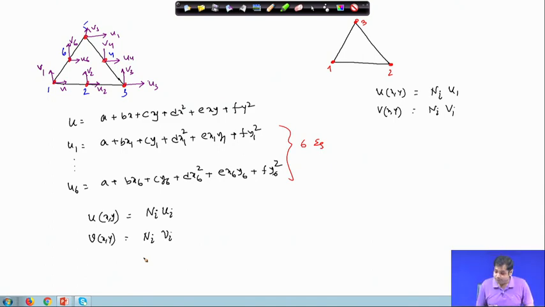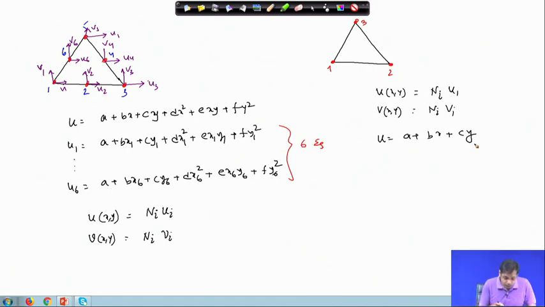Now, there is another major difference. If you recall, when we constructed the shape function for this element, what was the initial approximation of the field variable? Approximation 1: u is equal to a plus bx plus cy, and similarly v. So, u was essentially a linear function of x and a linear function of y, right.